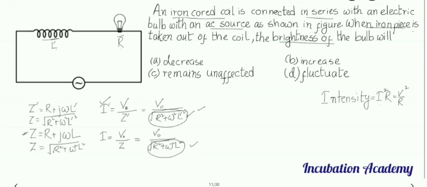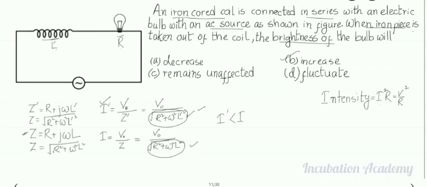So obviously I prime is less, capital I is greater. So the current flowing through the coil after taking out the iron piece from the coil will increase.